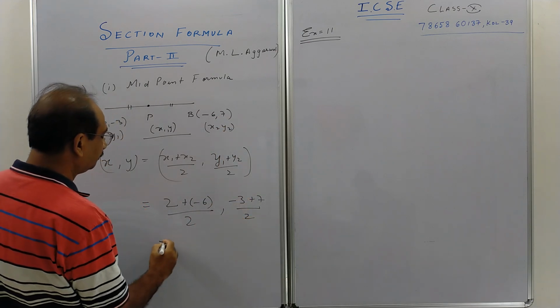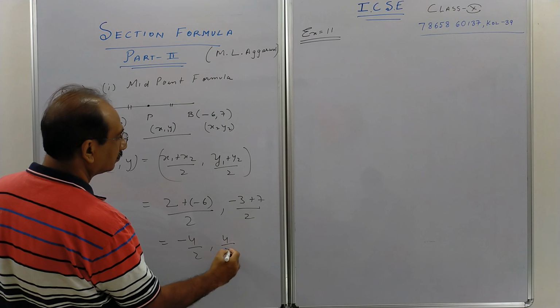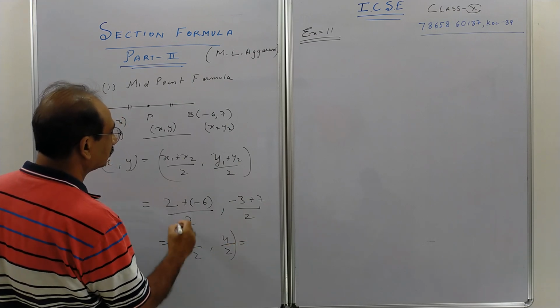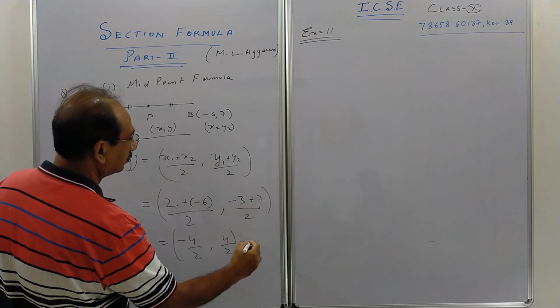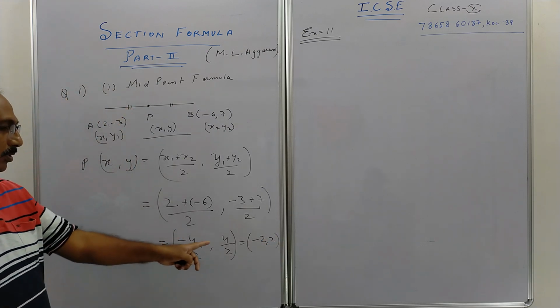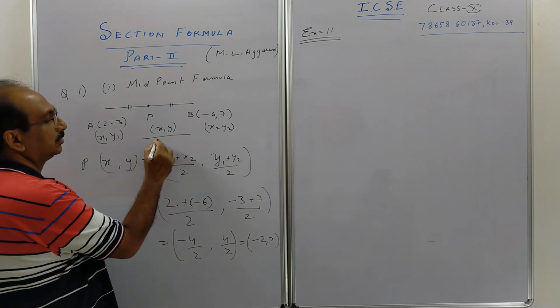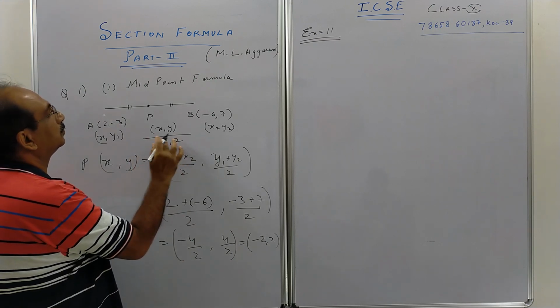So we get minus 4 by 2, and 4 by 2. Minus 4 by 2 is minus 2, 4 by 2 is 2. So the coordinate of this is (minus 2, 2).